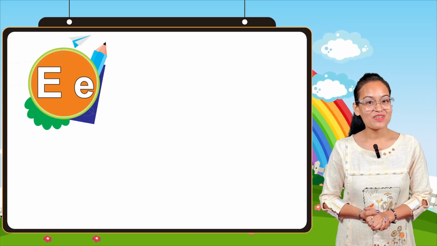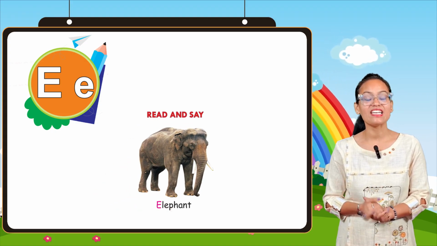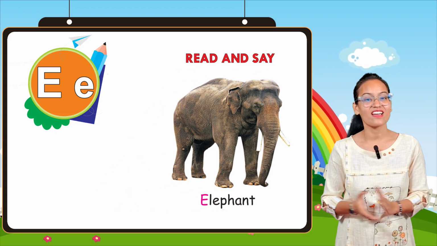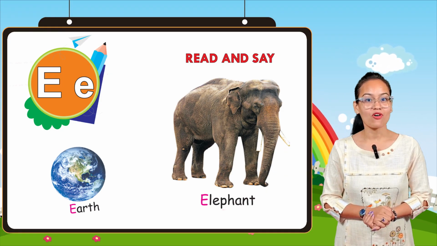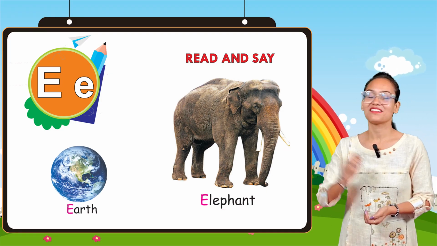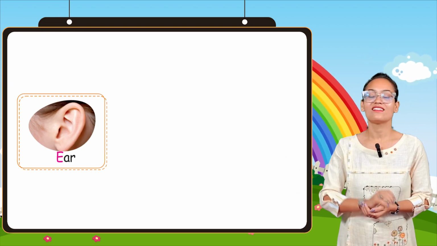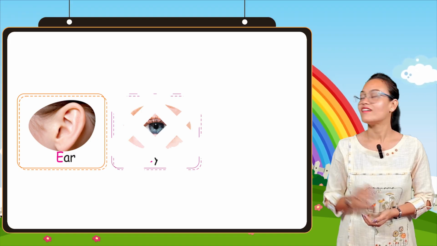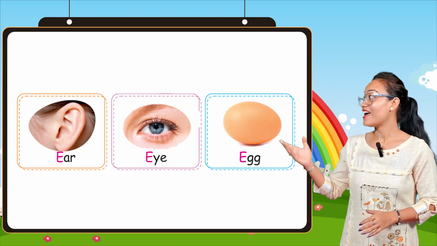Our next alphabet is E. Capital E, small e. Read and say: E for elephant, E for earth, E for ear, E for eye, and E for egg.